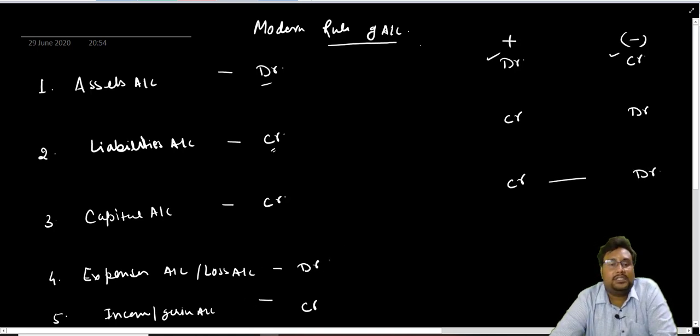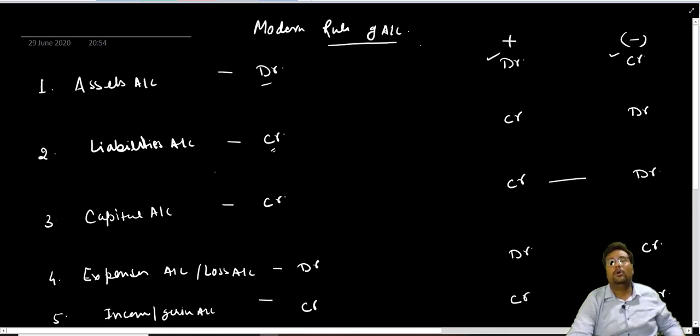Similarly, expenses and losses: if they increase, it will be debit, and if they decrease, it will be the opposite, credit. And similarly, if income and gain increase, it will be credit, and if income and gain decrease, it will be debit.